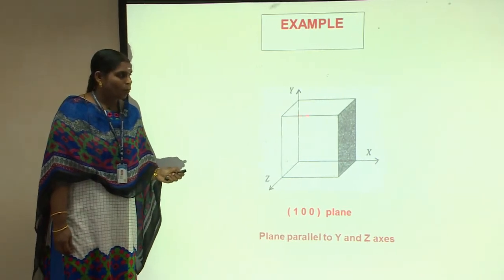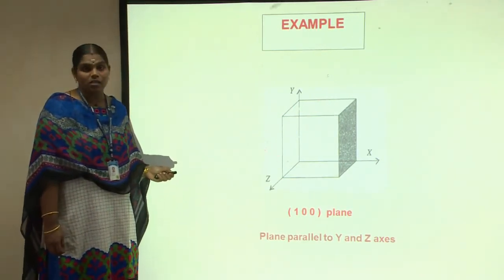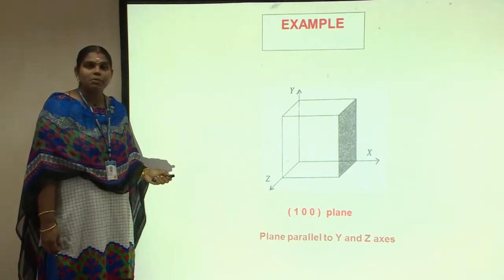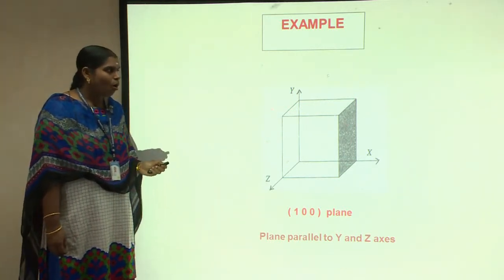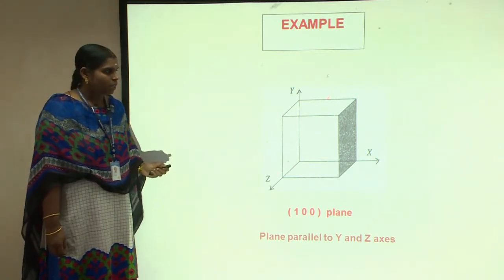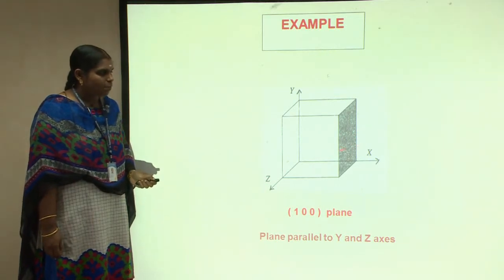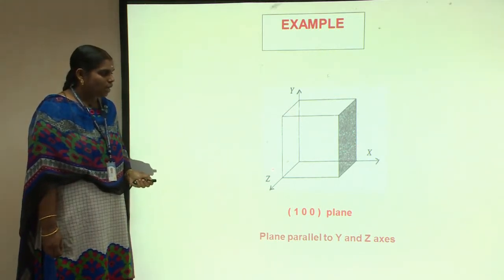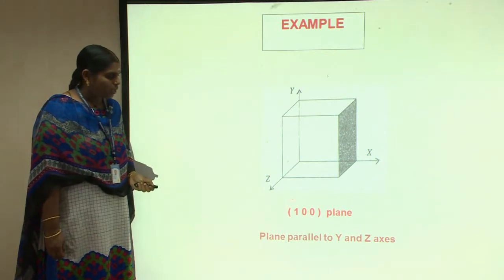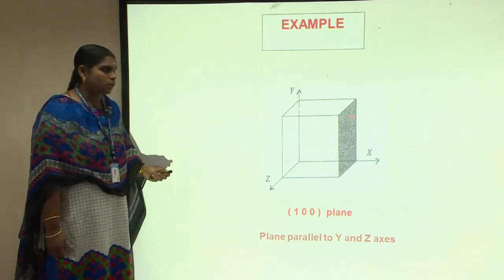So whenever a plane is parallel to a particular crystallographic axis, we say that the intercept made by the plane on that crystallographic axis is going to be infinity. The same here. You can see that it falls only on the x-axis and it is parallel to the y-axis and z-axis, which is represented as 1, 0, 0. So how do we draw a plane with these Miller indices?